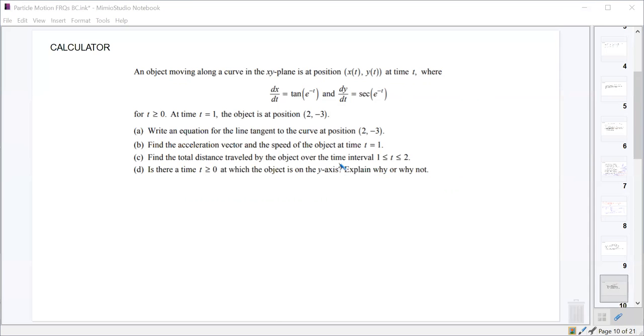Okay. All right. So part D is just asking if we have a time t greater than or equal to 0 at which the object is on the y-axis. So we've got an object moving in the xy plane, and we want to know if it's on the y-axis. That should tell us that, let's see, we got tangent of e to the negative t and secant of e to the negative t and a position of (2, -3).